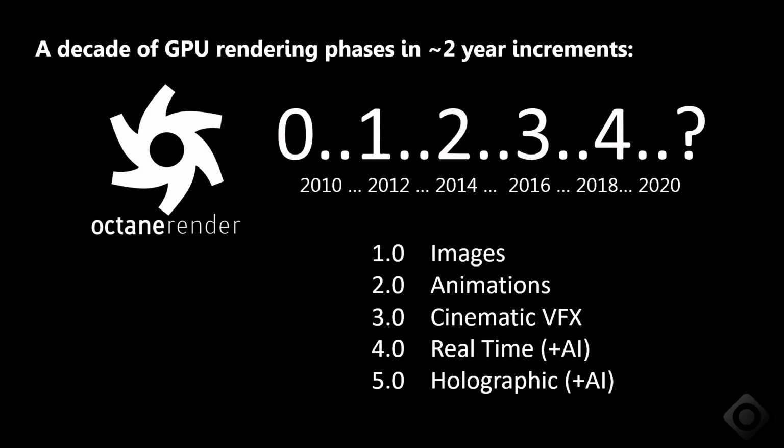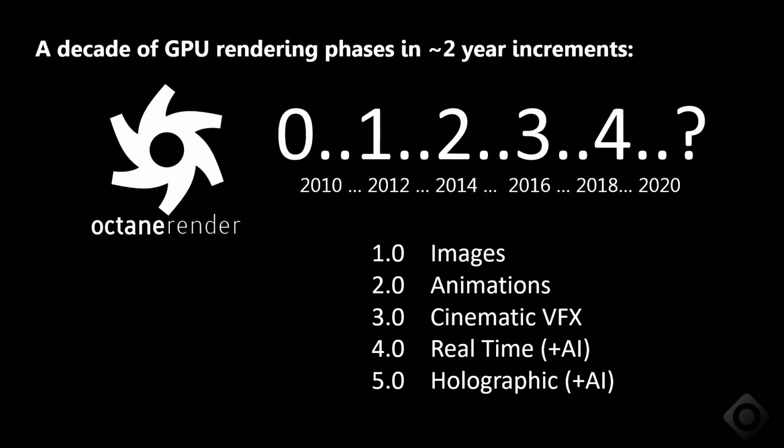So our goal with the ecosystem around rendering has spanned almost 10 years now, and Octane as a product has provided millions of users with what GPU rendering can do. And Octane is unbiased. It actually follows the laws of physics, very important if you're going to get to the holodeck at some point.